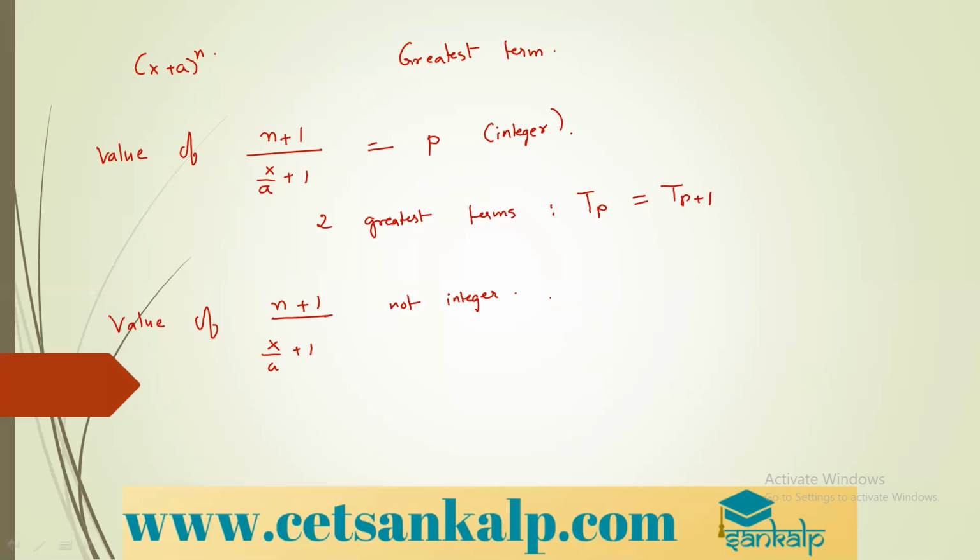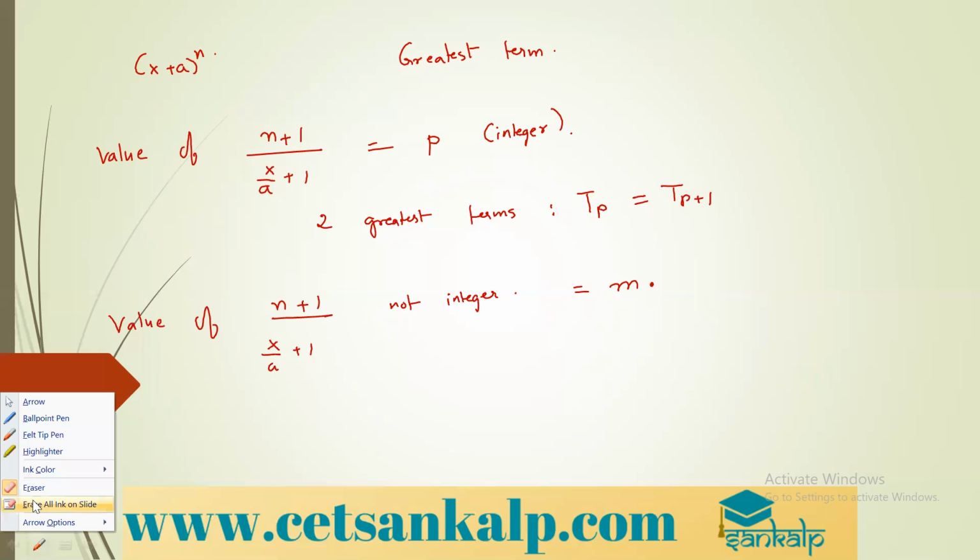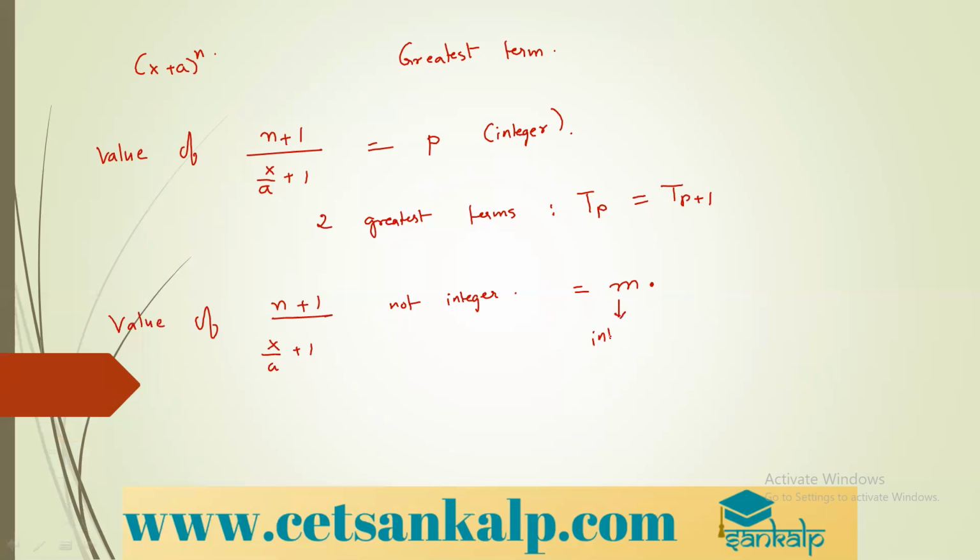Suppose you get something like m.5, m.6, m.7, some decimal number, m point something. This m is called the integral part, and whatever is there after the point is called the decimal part.